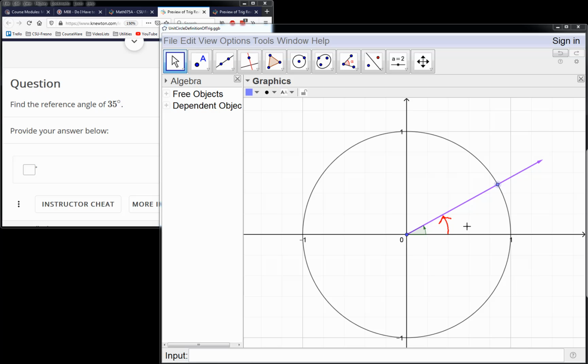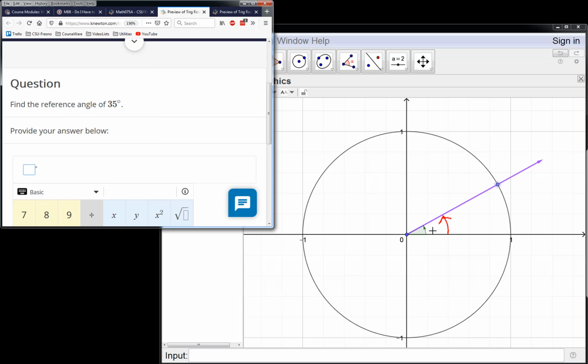Now if you're saying, wait, isn't that just the same thing? Aren't those pretty much the same angle? Yeah, if you're thinking that, you're exactly right. In this case, the reference angle is the same as the given angle.